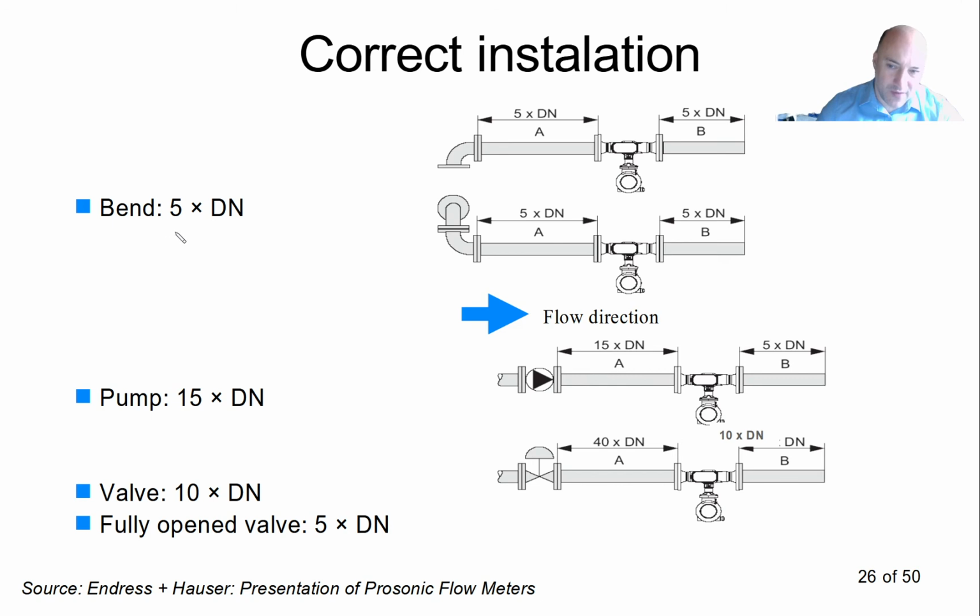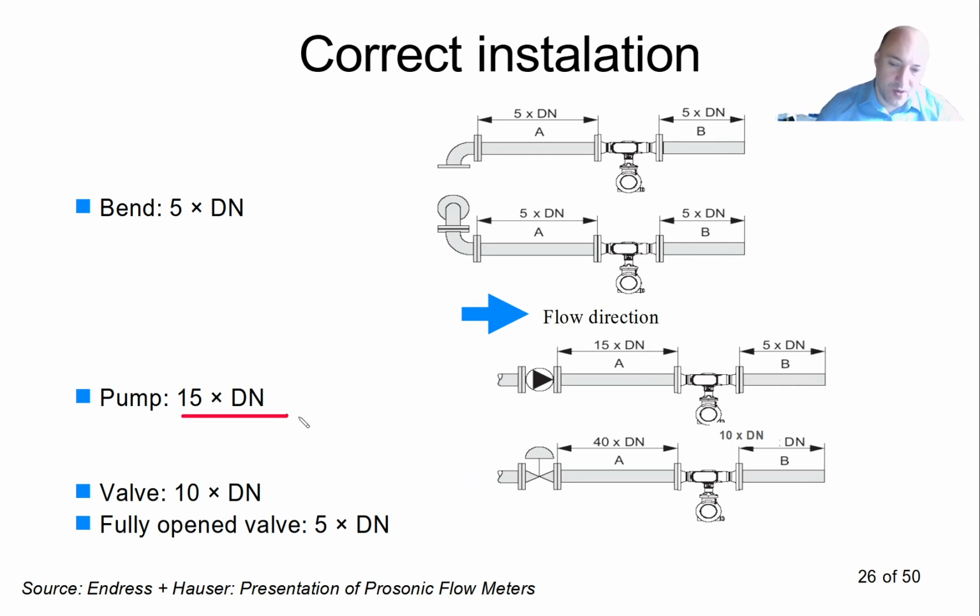So let's say we have a bend of 90 degrees, and in this case we need to keep at least 5 pipe diameters in front of the flow meter. After the flow meter, it's again 5 pipe diameters, so that's the same as for the orifice plate, but in front we can see it now, it's only 5. For the orifice plate we had something like 20 or 30 or 60, depending on what was in front of it.